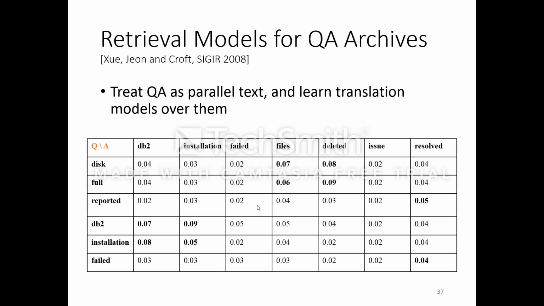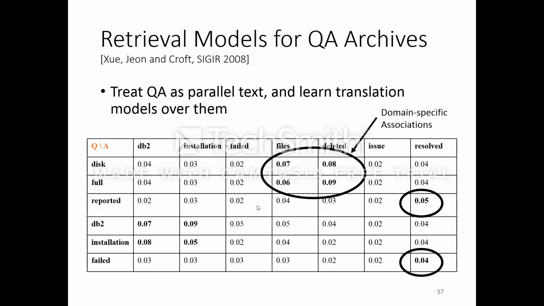Okay, and if we do that, this is the result that I got from doing that on a question answer corpus from an IT service desk. And this might be what you get. Let me just highlight a few of these elements to illustrate the point. Here you can see that disk and full are highly correlated with files and deleted. So there are high probabilities in that encircled region. And similarly, you can see high probabilities in other regions as well.